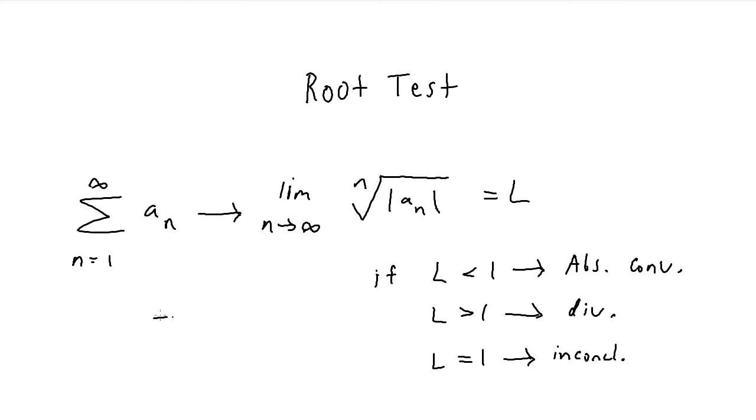So if we have the series of negative 1 to the n power over 3n plus 1, we're going to take away that and just worry about what's left, which is 1 over 3n plus 1. And we're going to set the limit of the nth root of that value. And keep in mind that the root test requires a little bit of creativity and some algebra techniques.